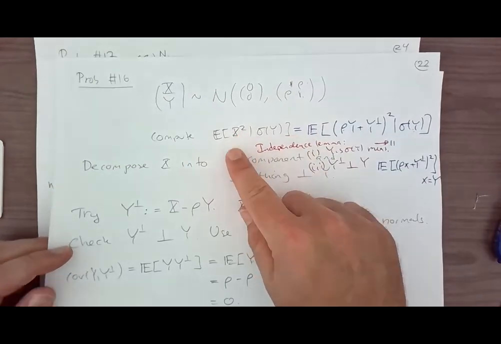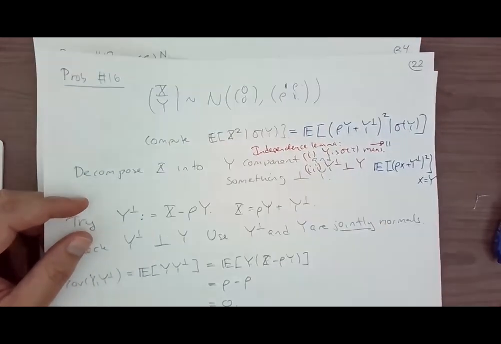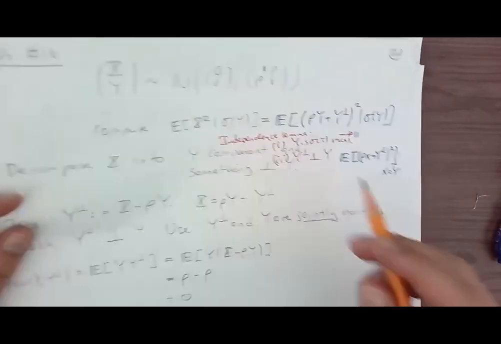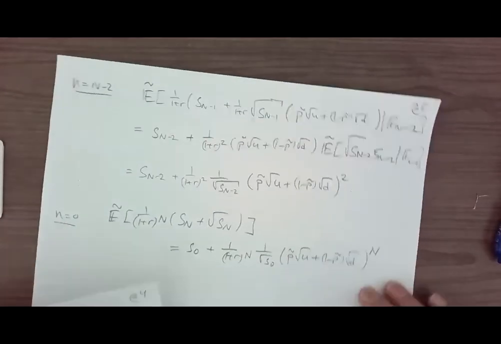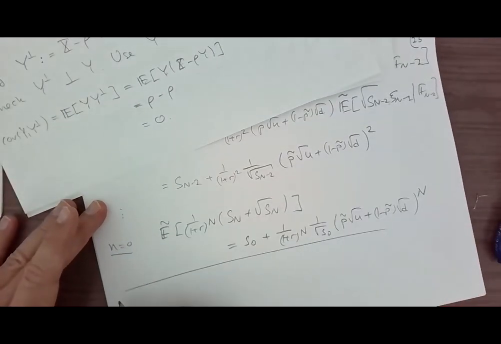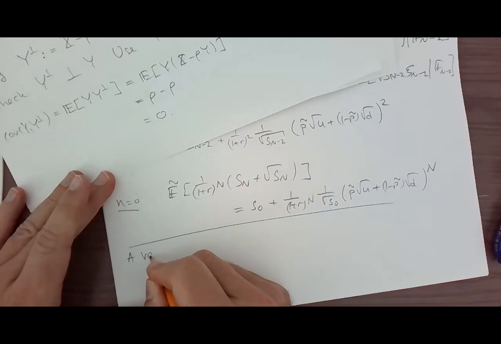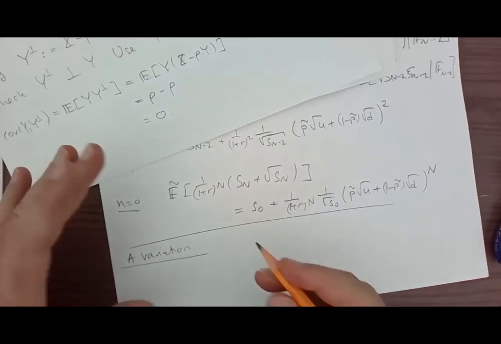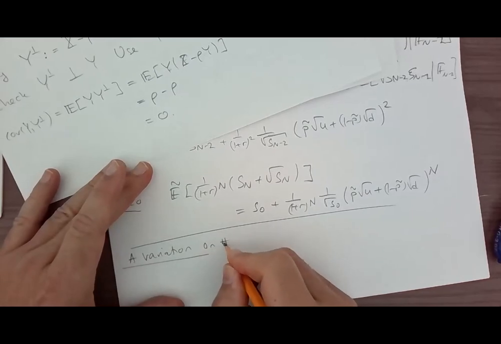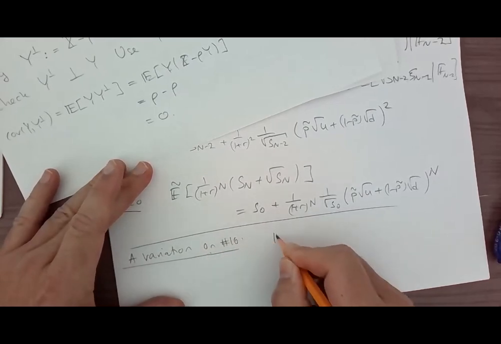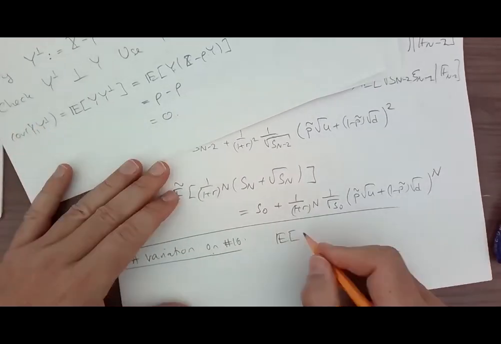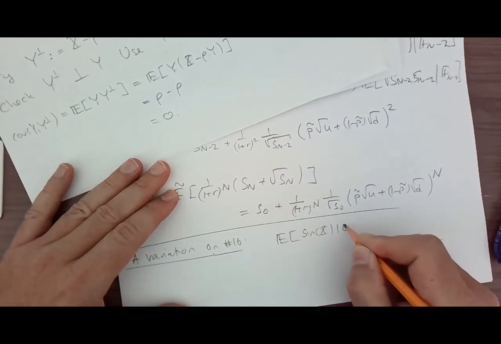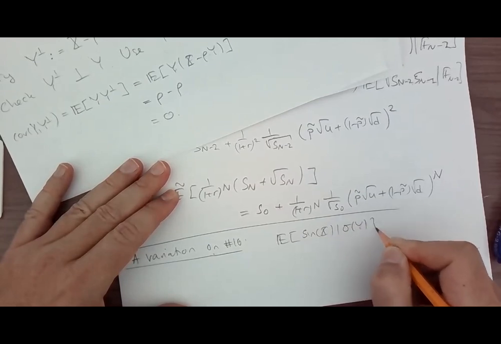So what could I ask you? Well, I could ask you, instead of this square here, what would happen? So a variation. And I think I actually asked students about this last year, right? A variation on number 16. Like, what about if you were to compute, say, sine of X given Y?